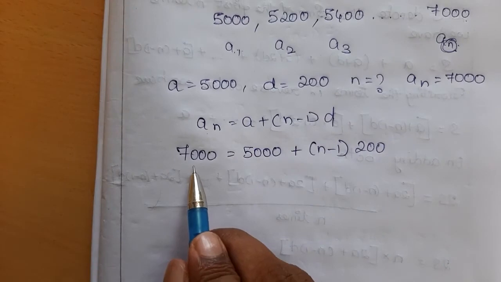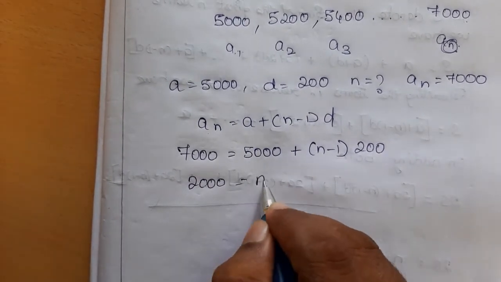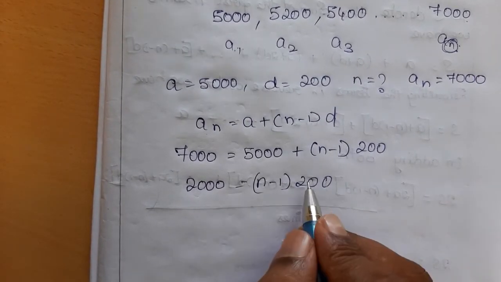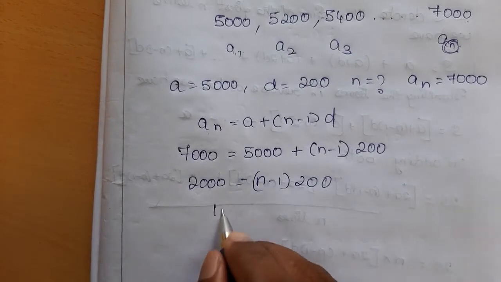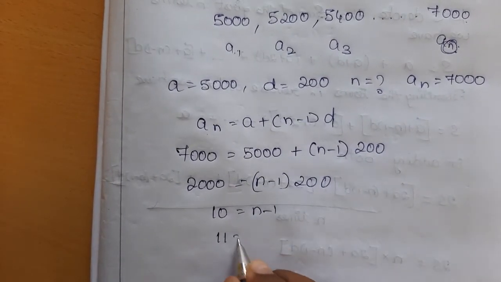If we bring it here, it will be subtraction and we will get 2,000 is equal to n minus 1 into 200. If we divide 2,000 by 200, 10 times, so 10 is equal to n minus 1. So it becomes plus, so 11 is n.